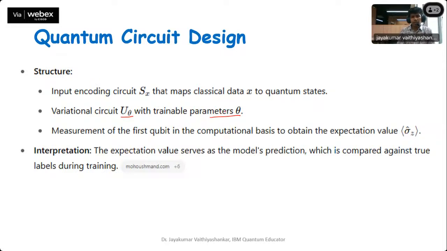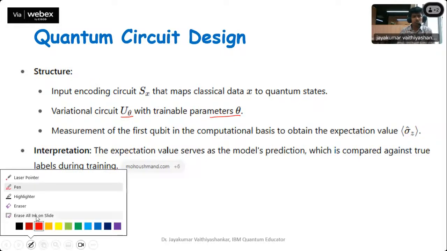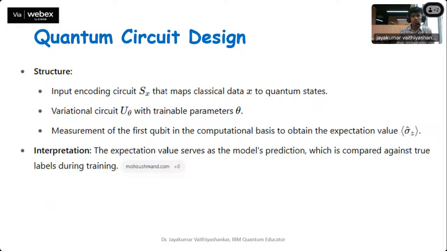Whenever the parameter theta changes, U of theta also changes, and this has an impact on your process. Whenever you measure the first qubit in the computational basis, you get an expectation value. The expectation value serves as the model's prediction, which is compared against the true label during training.